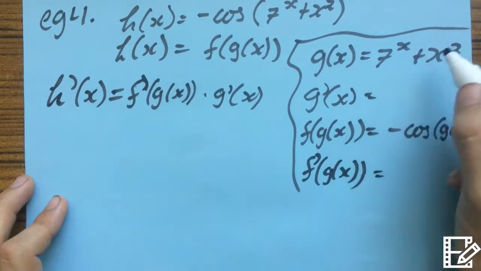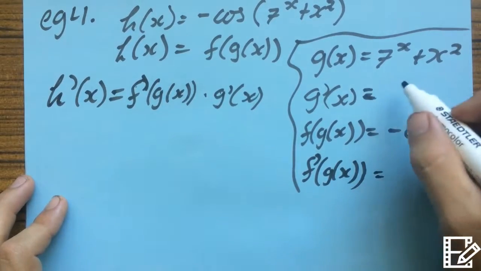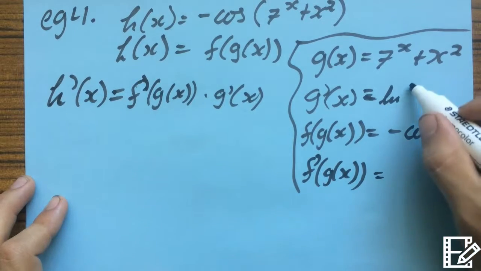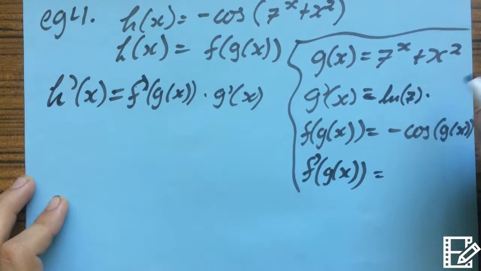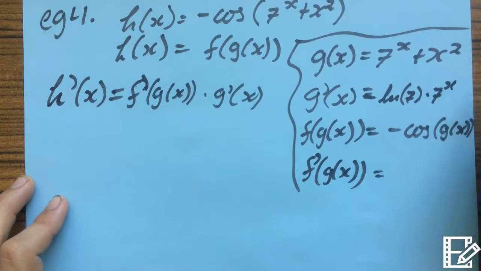g(x) being 7 to the power of x plus x squared, the derivative would be ln 7 multiplied by 7^x plus 2x.